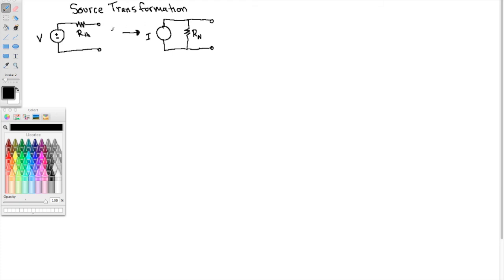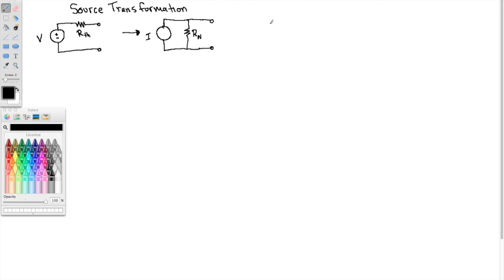Can I do that? Yeah, so I'm transforming a source from a voltage source to a current source. And if so, what is the relationship between the resistors and the voltage and the current, such that the transformation is equivalent?